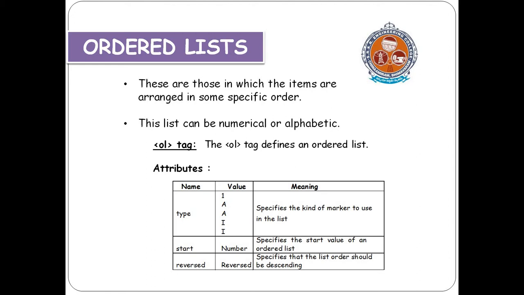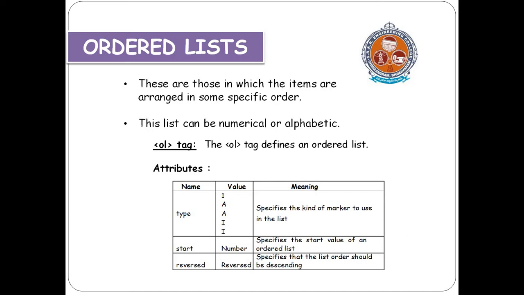For example, if we consider our class attendance, the attendance is in an ordered format, from A to Z, or otherwise from 01 to 60. So that is the ordered format. The numerical order starts from 1 to 100 or 0 to 100 or whatever. Alphabets start from A to Z.